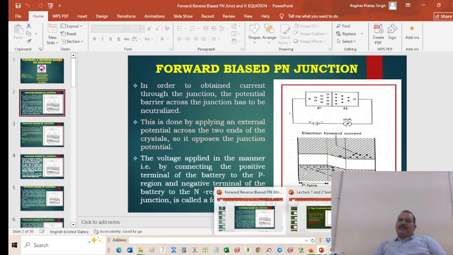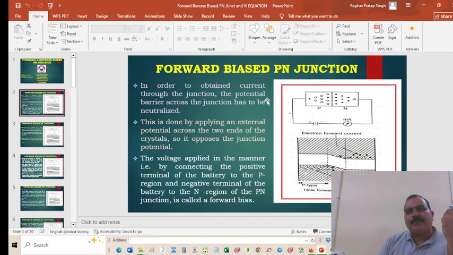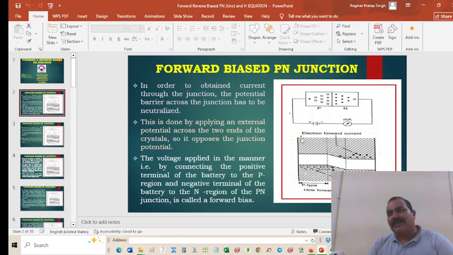And after that lecture, we have studied about the pure and impure semiconductors. Pure semiconductors, that is known as intrinsic semiconductor, and impure, that is the intrinsic semiconductor with dopants. And by making use of dopants, you can create two types of semiconductor.